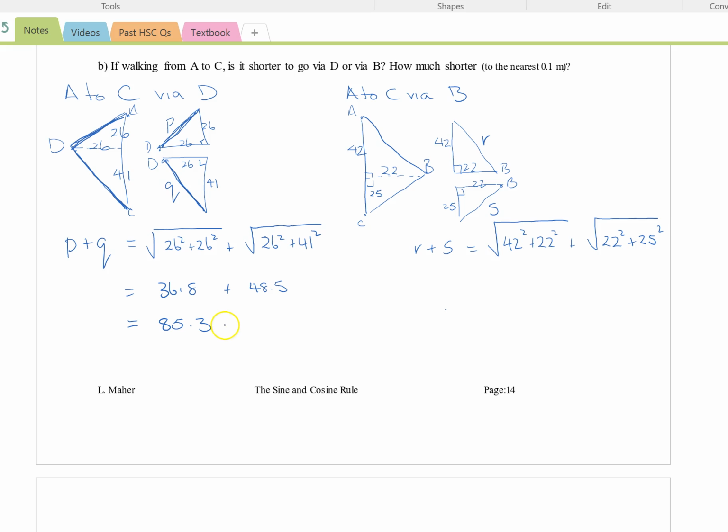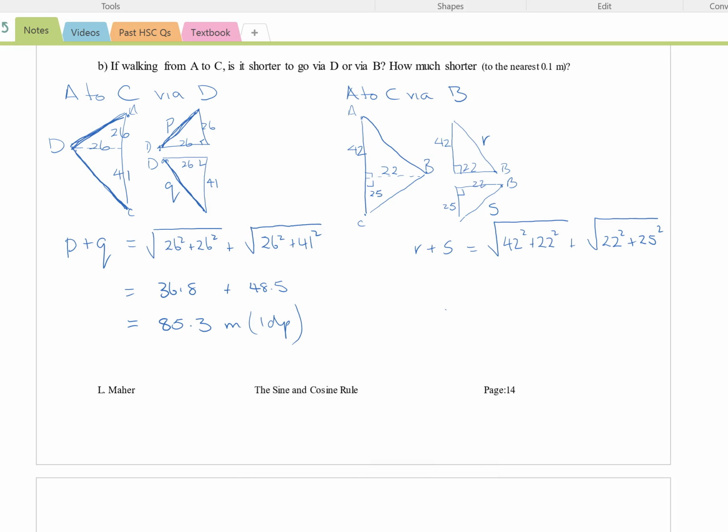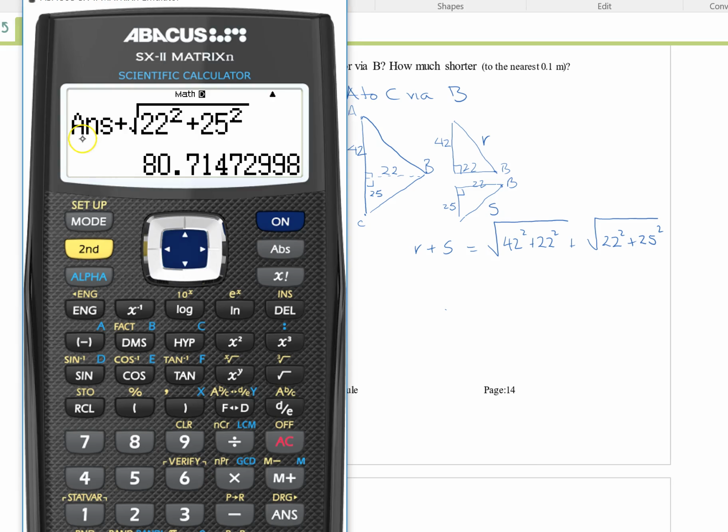It said 0.1 of a metre, so that's metres to 1 decimal place. Now I'm going to do the same for the other side, going via B, again just finding the hypotenuse of two right angle triangles: the square root of 42 squared plus 22 squared, plus the square root of 22 squared plus 25 squared. In total it is 80.7.